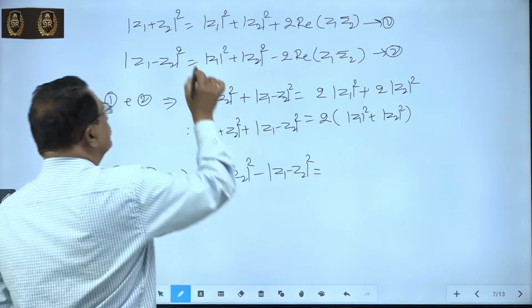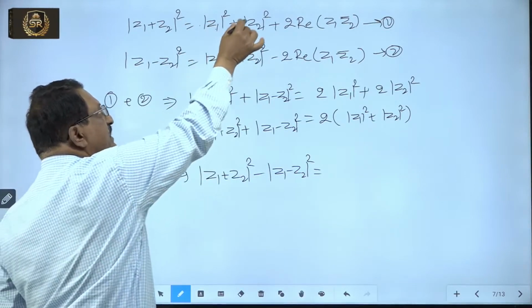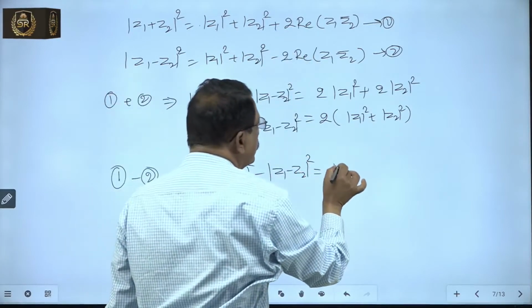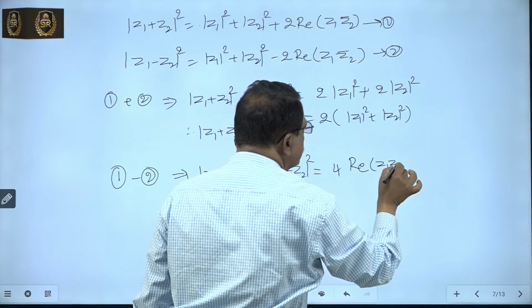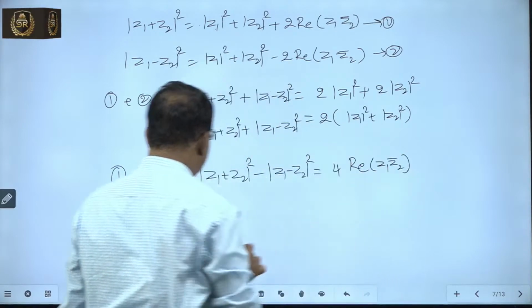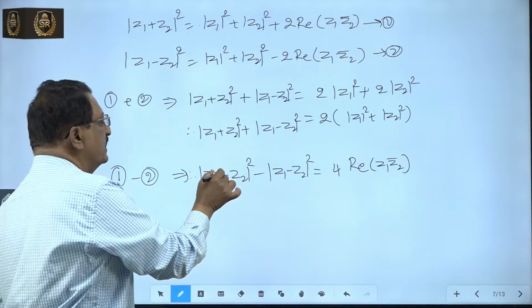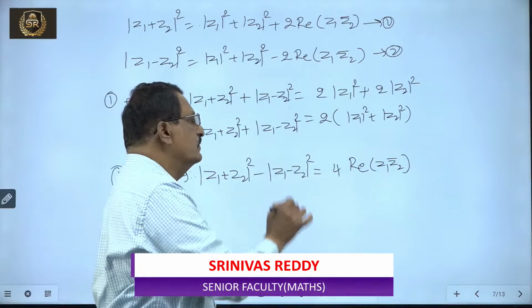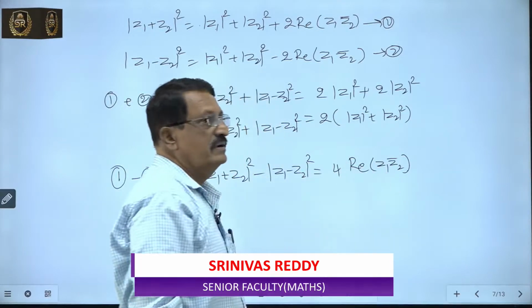Subtracting, mod Z1 square cancels, mod Z2 square cancels. Here minus of minus plus gives 4 of real part of Z1 Z2 bar. So mod of Z1 plus Z2 whole square minus mod of Z1 minus Z2 whole square equals 4 into real part of Z1 Z2 bar.